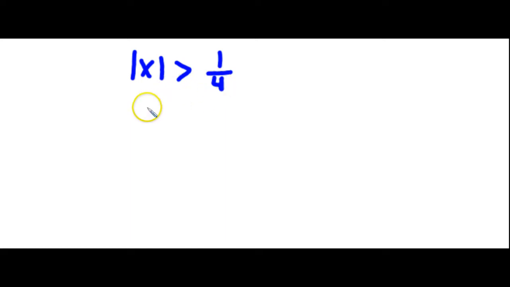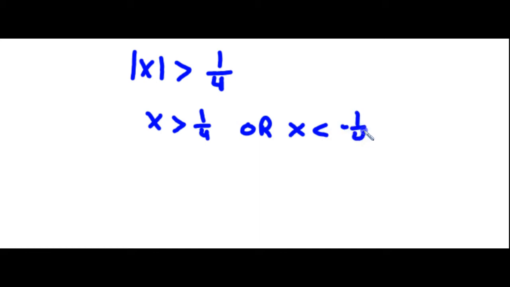So x has to be bigger than positive 1/4, which would be farther away from 0, or x has to be less than negative 1/4.